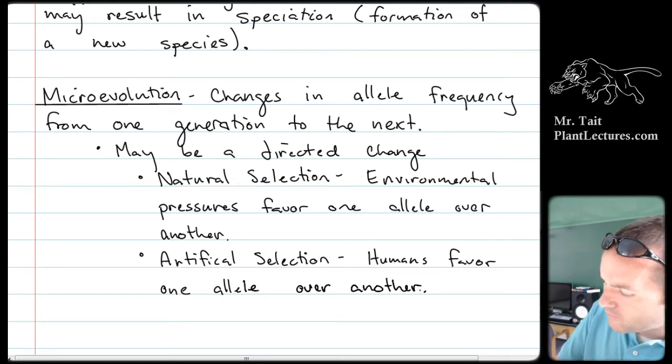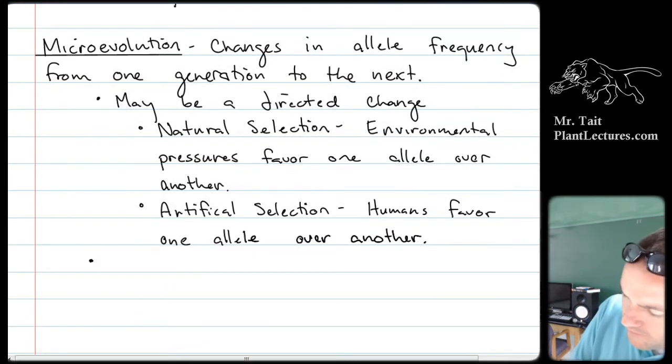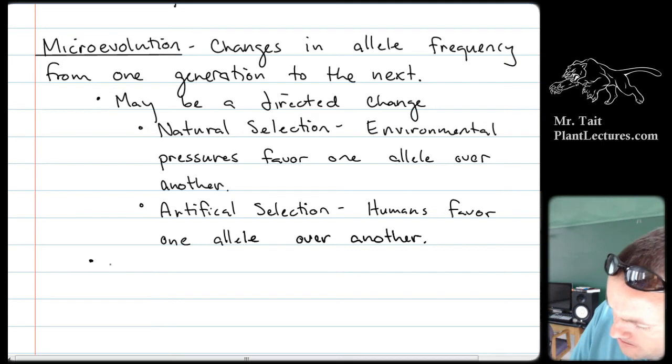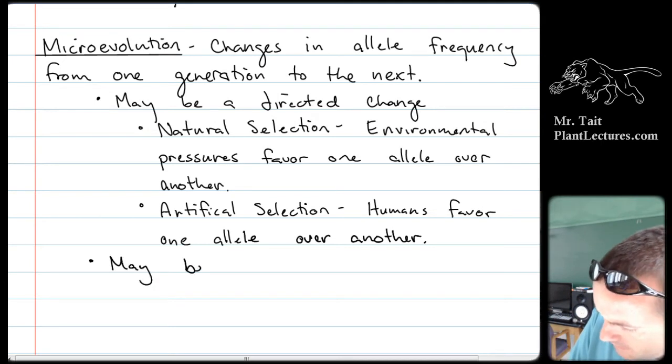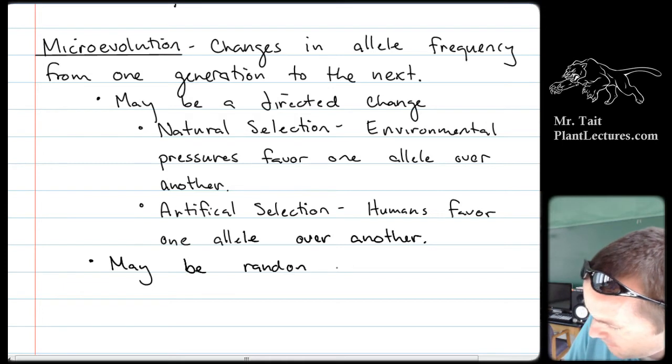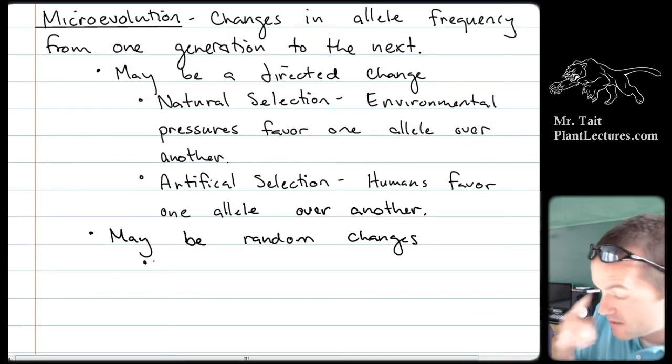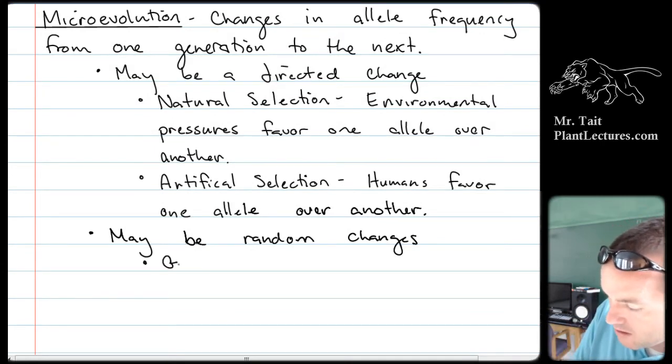So, other things for this, you may also have non-directional changes, random changes. The first example of this, the most prominent example of this, is something that's called genetic drift.